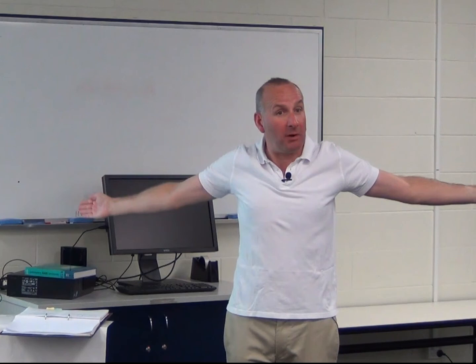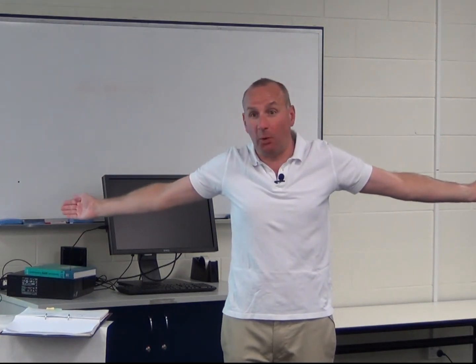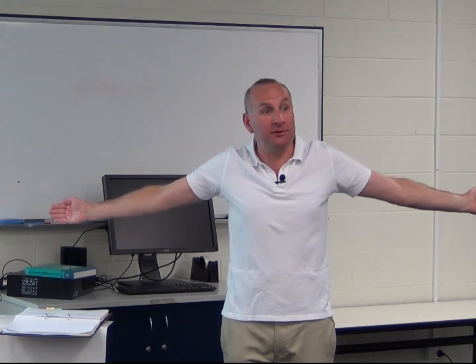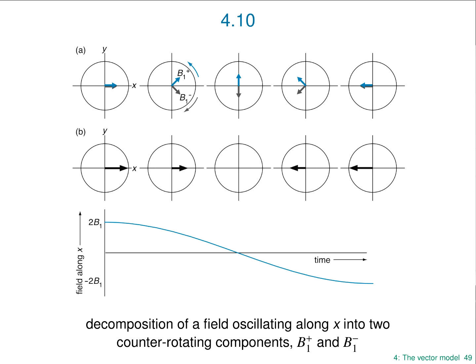The sum of these two is the same as the linearly oscillating field. So at time 0 they both start out here, so it's a maximum, and that one goes that way, and that one goes that way, and you can see that once we get to this point they cancel one another out, so the linear field is 0, and that corresponds to the third of the diagrams there.